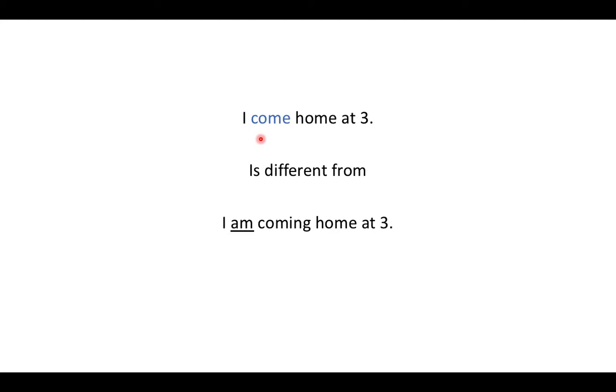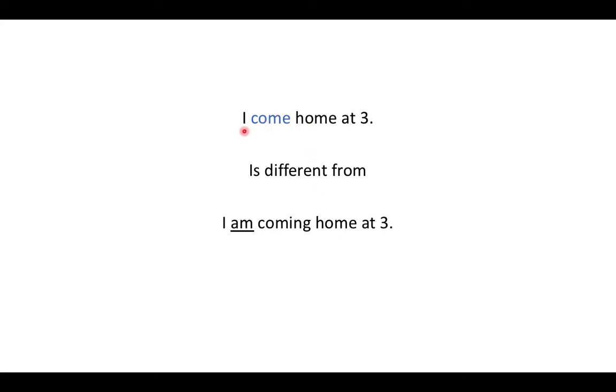So, for example, I come home at 3 is different from I am coming home at 3. I am coming home at 3 means that whoever you're talking to, what you're saying means just for today, just for right now.